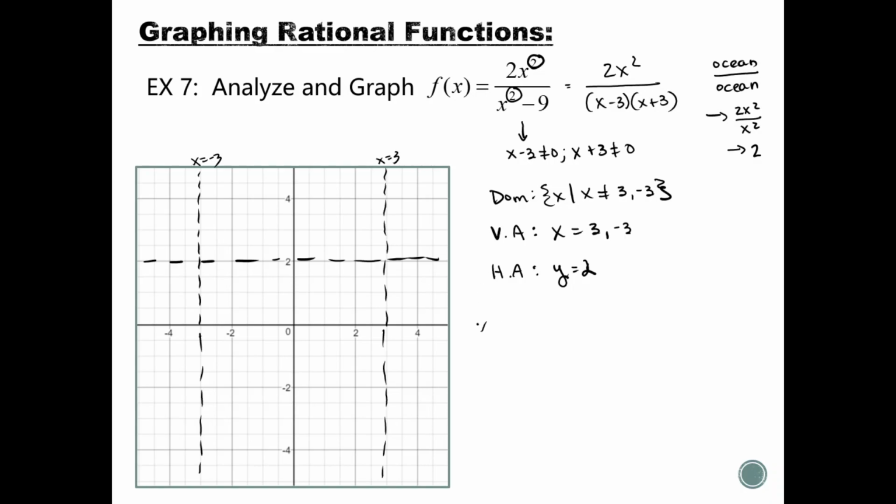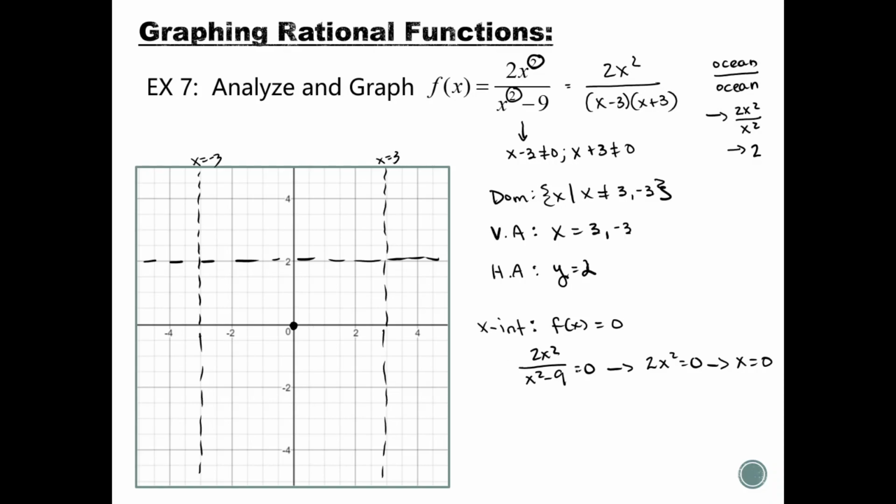So let's now find the x-intercept. The x-intercept is where the function equals 0. So that means this fraction equals 0, which means the numerator equals 0. So then we just get x equals 0.